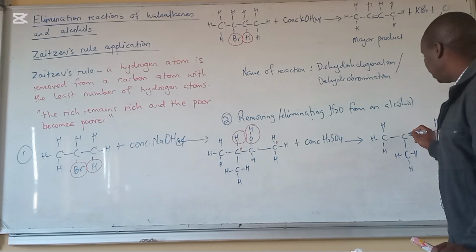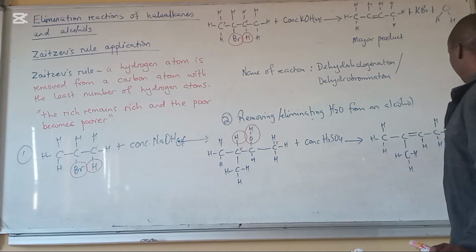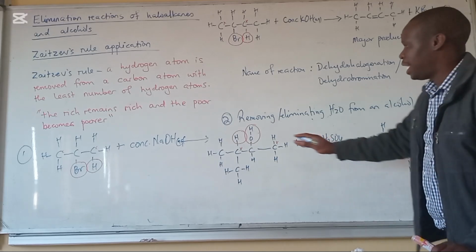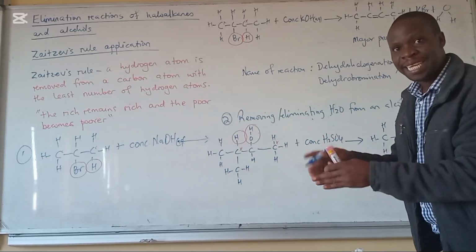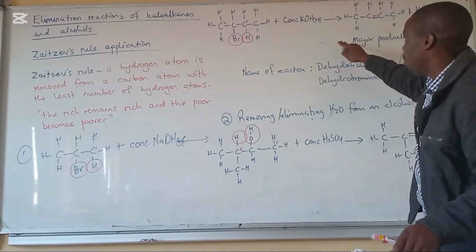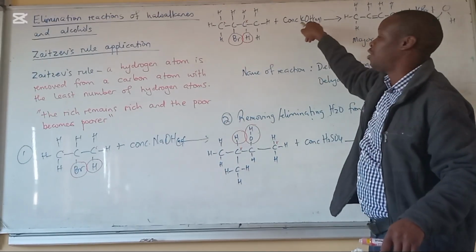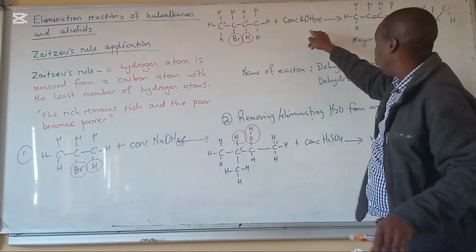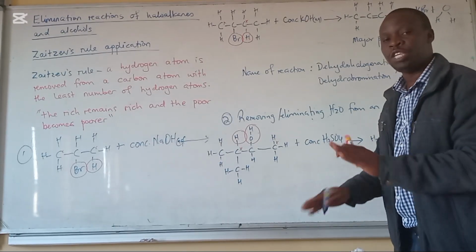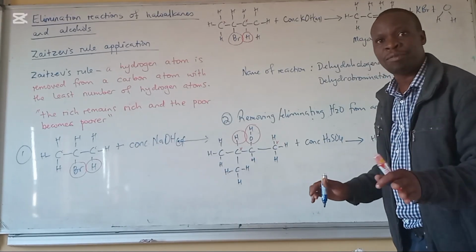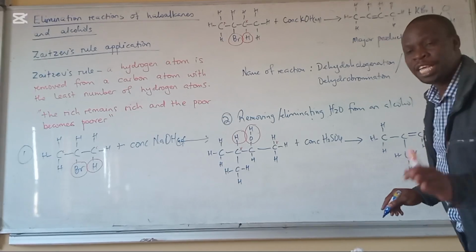We must include another bond to make it a double bond there. Plus, in this case, water that has been removed will become the second product. Unlike here, when the HBr has been removed, it will react with the concentrated KOH to form salt and water. In this case, the water that has been removed will not react with any other substance. It will be our second product, our inorganic product.